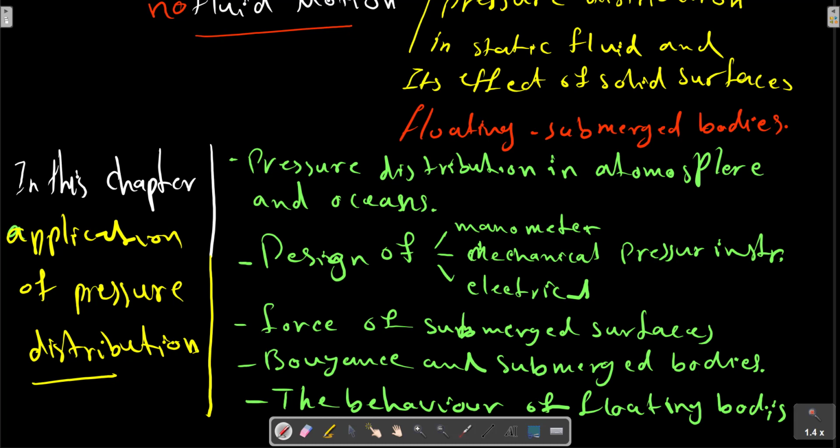Next, we are going to have a definition for pressure and pressure gradient.